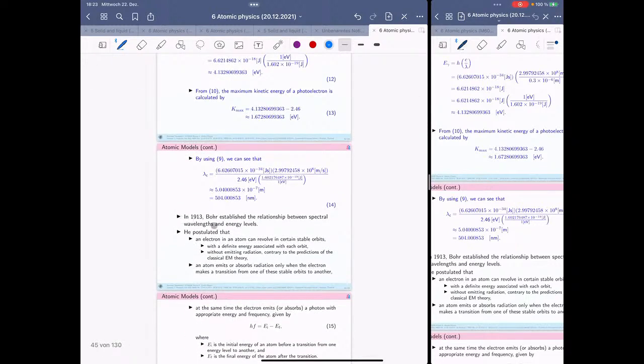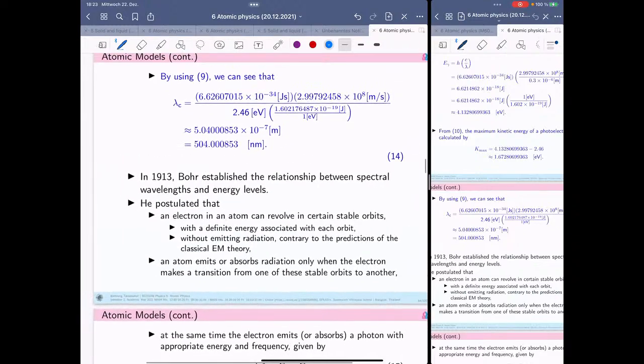Now, about 8 years later, Niels Bohr established the relationship between the spectral wavelengths and energy levels. The photon energy and the work function have been discussed already, and Niels Bohr tried to make the relation between spectrum wavelengths and energy levels.